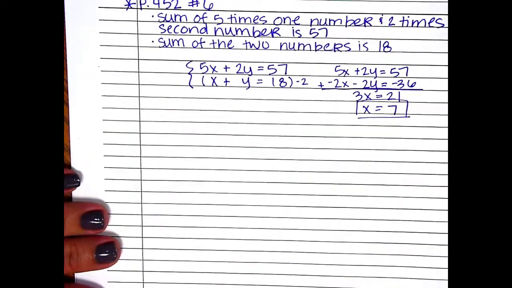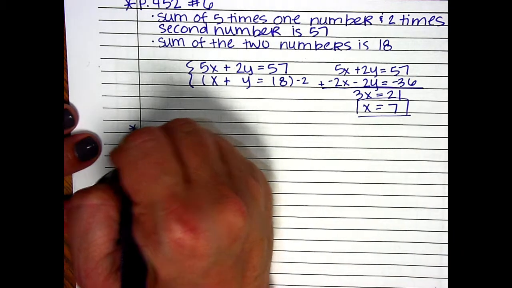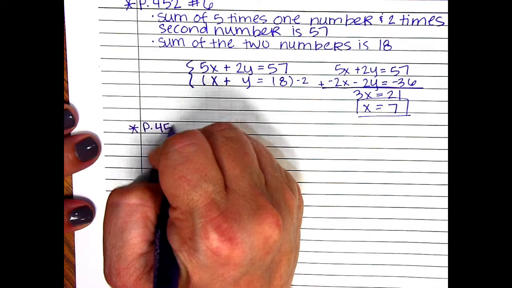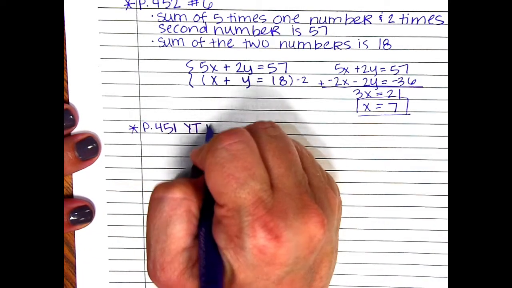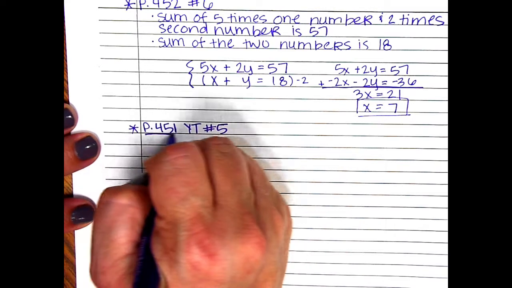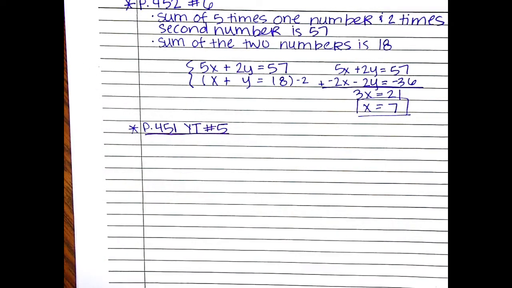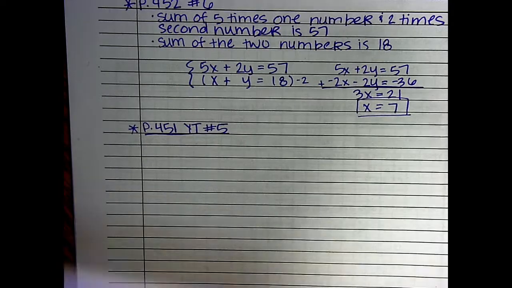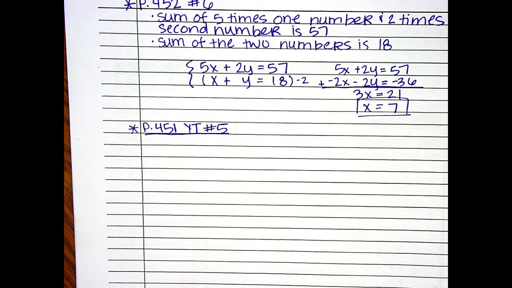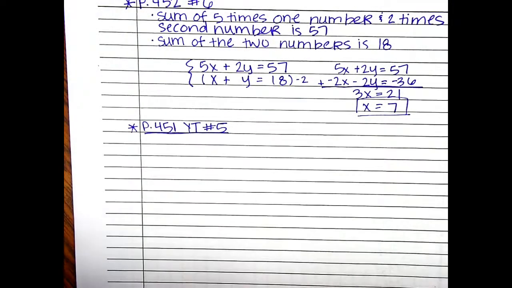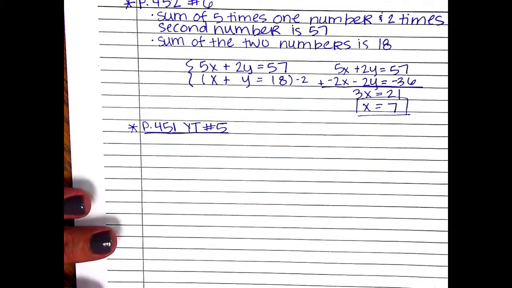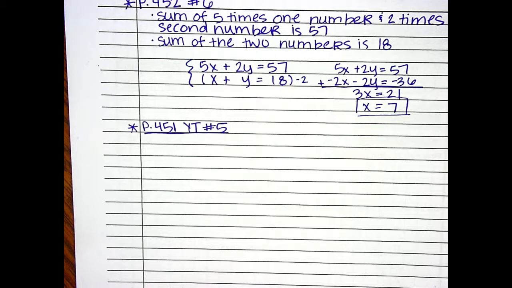Okay. The next example is on page 451. It's your turn, number 5. Bear with me while I flip pages here. It says a student has to buy graph paper and printer paper. The printer paper costs $2 a pack, while the graphing paper costs $3 a pack. She wants to buy at least 6 packs of paper, but wants to spend at most $27.